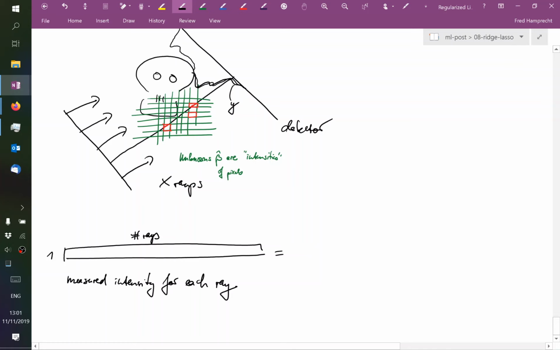And we're going to try and explain this as a product of the unknowns. So this would be y, and then we have beta transpose. The number of entries here is the number of pixels in the image, which is hopefully smaller than the number of rays.